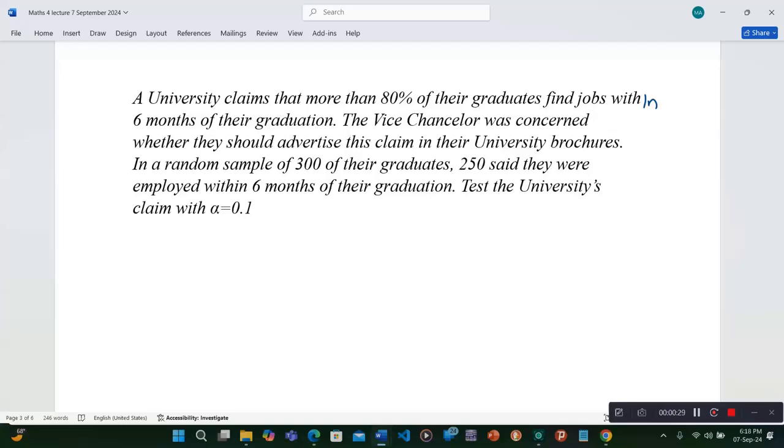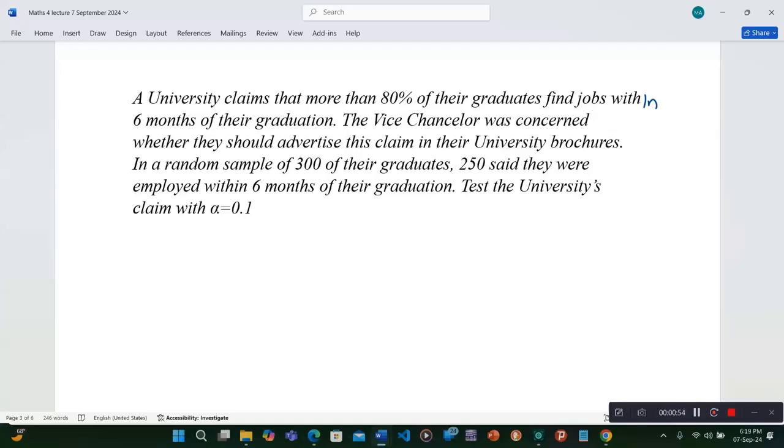The Vice Chancellor was concerned whether they should advertise this claim in their university brochures. Now, in a random sample of 300 of their graduates, 250 said they were employed within 6 months of their graduation. Test the university's claim with alpha equal to 0.1.